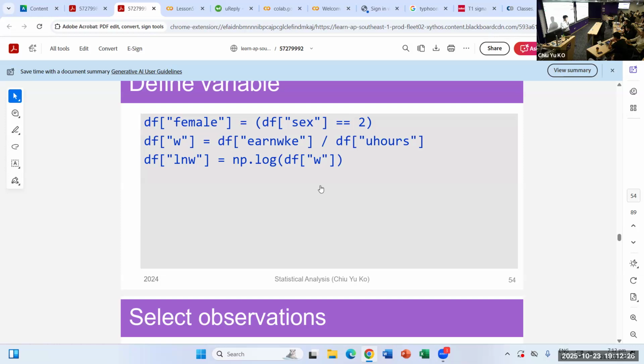You can use assign, or np.where with 1 or 0, or you can use this, which is also fine. It's a trick because it asks whether it equals 2: equal to 2 is 1, not equal to 2 is 0. And this is the weekly wages, and you take a log.